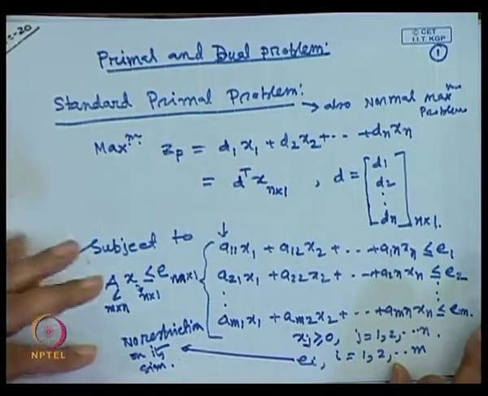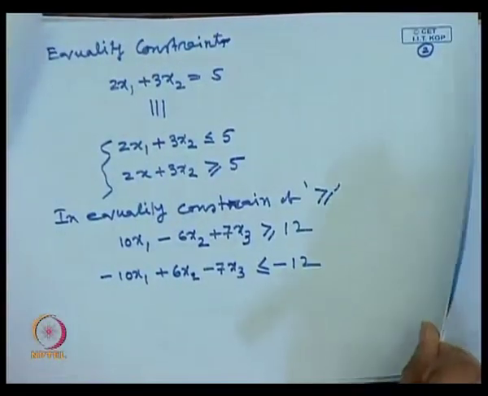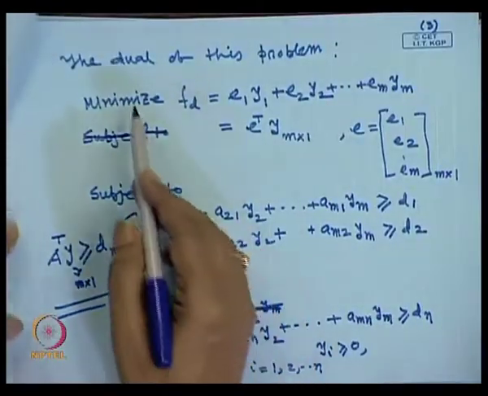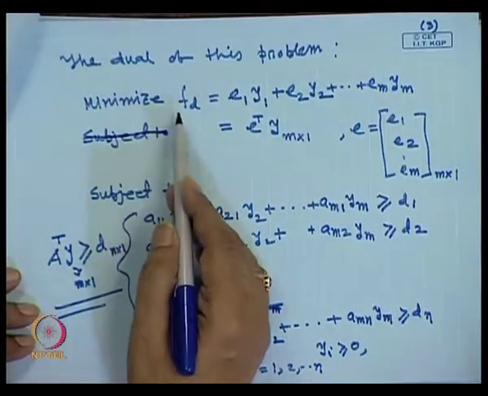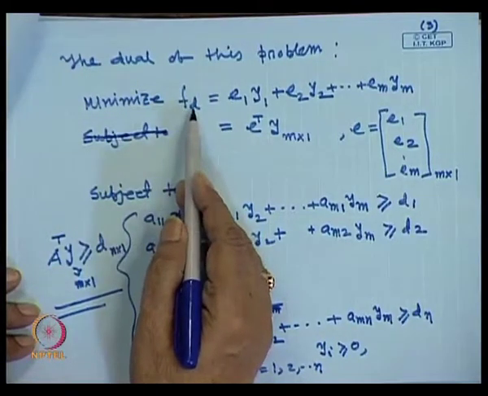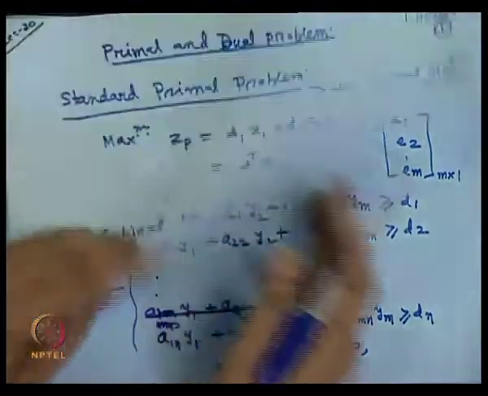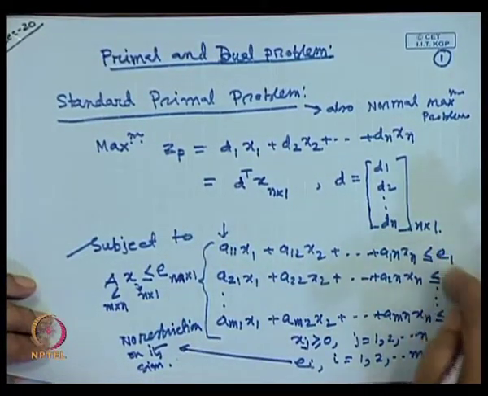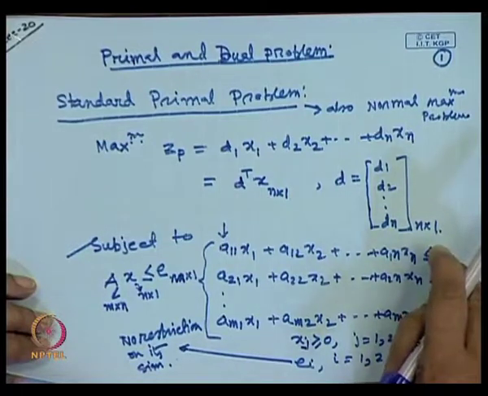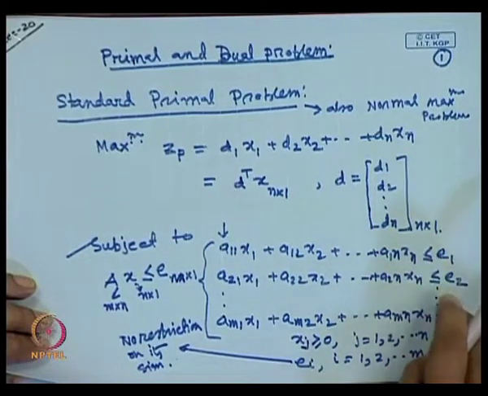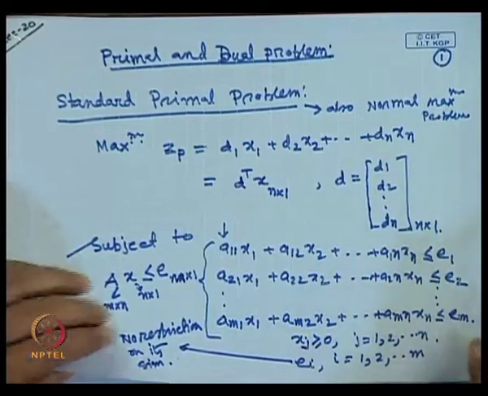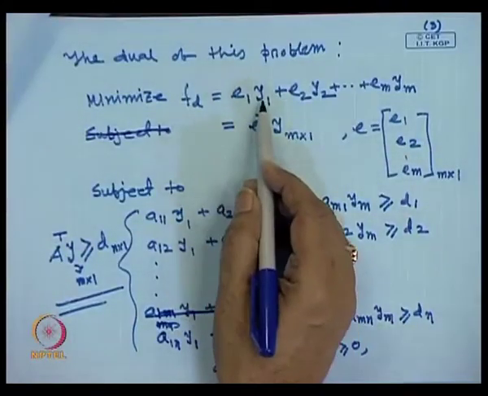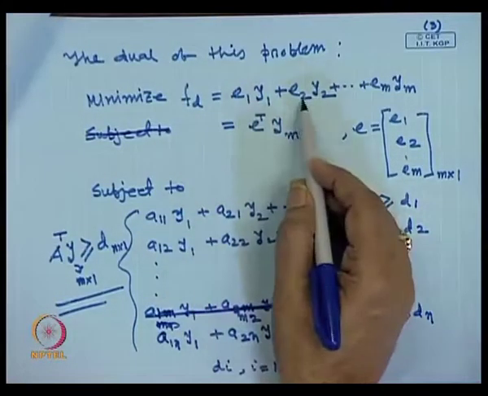And the dual of this problem has this structure: minimize the function f of d, where the right hand side of the inequality equation in the primal will come as the coefficients in the linear objective function of the dual problem, E1 y1, E2 y2.